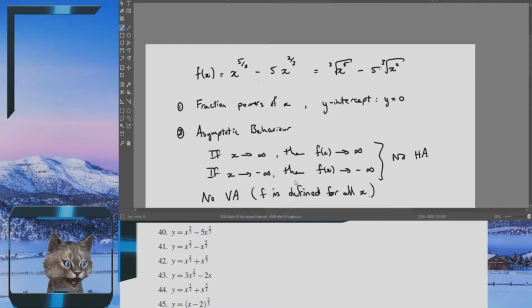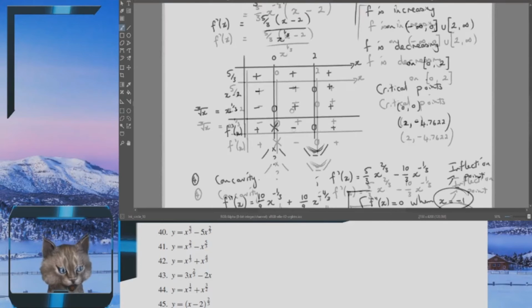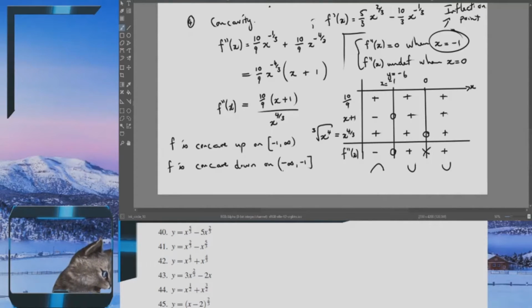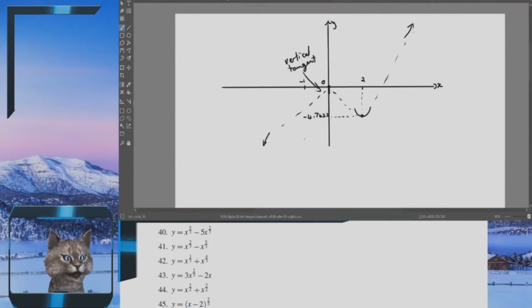So I have the cube root of -1 to the 5th, which is going to be -1, minus 5 times the cube root of -1 squared, which is 1, and I get -6. So, way down here is -6.